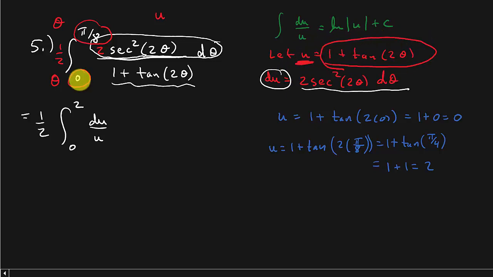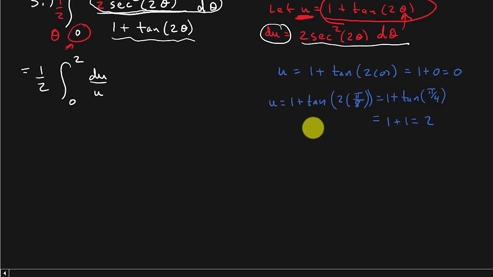So I take the 0 here and I plug it into theta. That's what I did here. And then I take the pi over 8, plug it in for theta. And now my limits are in terms of u. And so now we can integrate this. So that's 1/2 natural log absolute value of u.